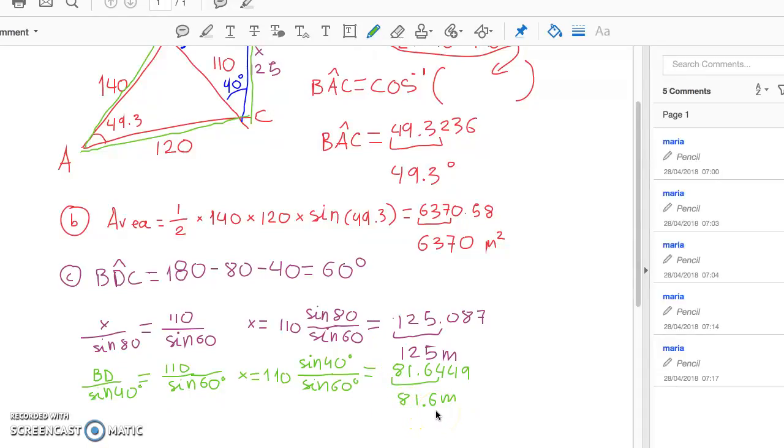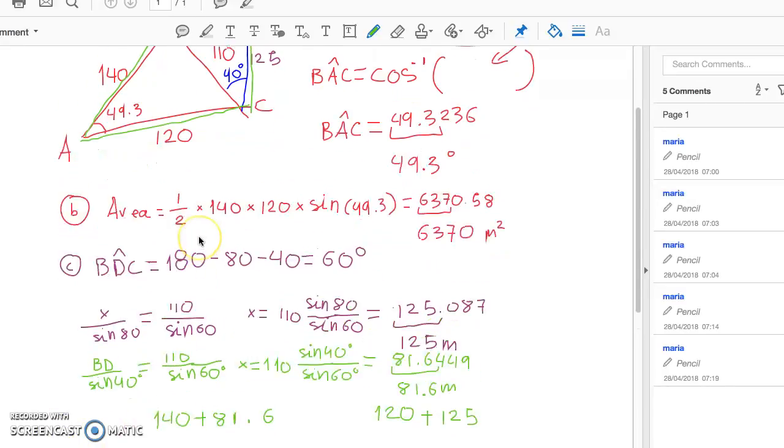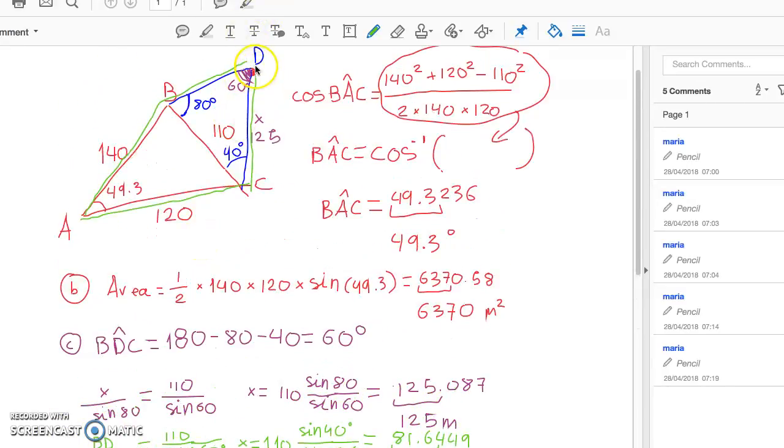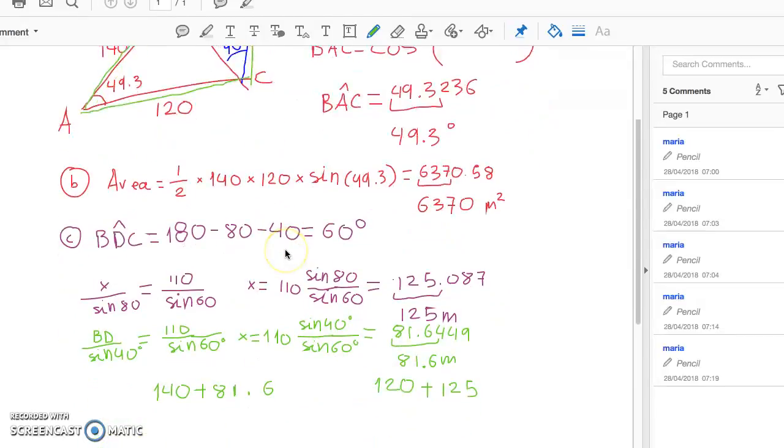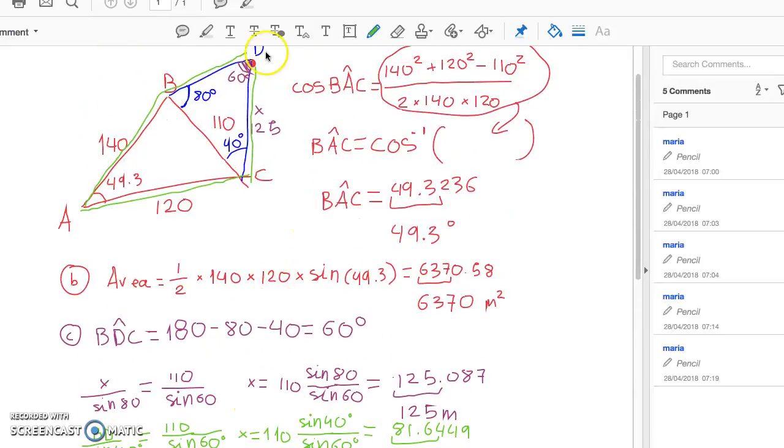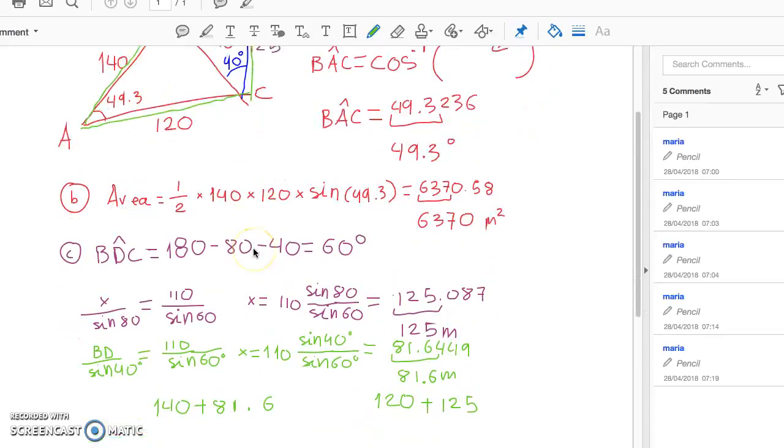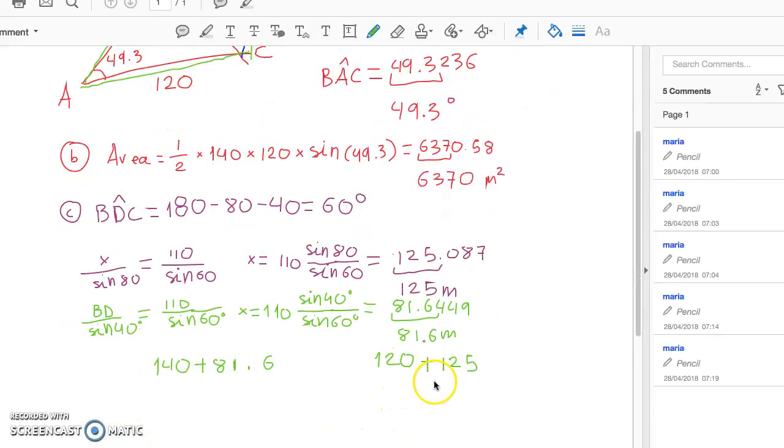Now I need to compare both lengths. If the farmer goes up, via BA, she is going to need to walk 140 plus 81.6. If she goes the lower route, DCA, she needs to walk the 120 plus 125.